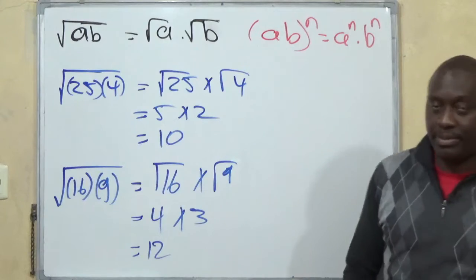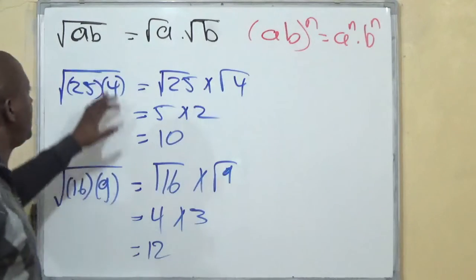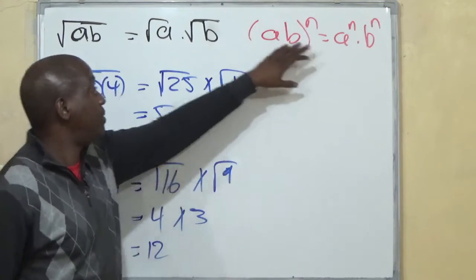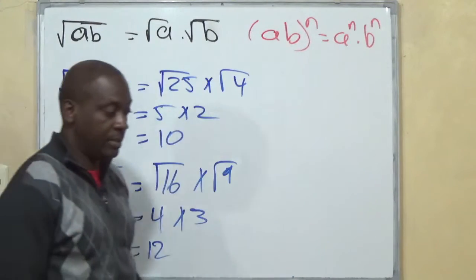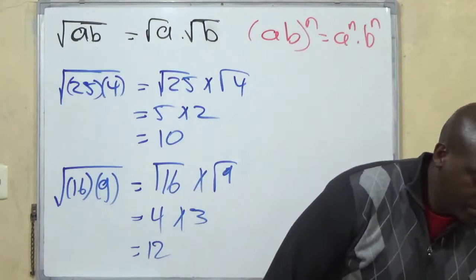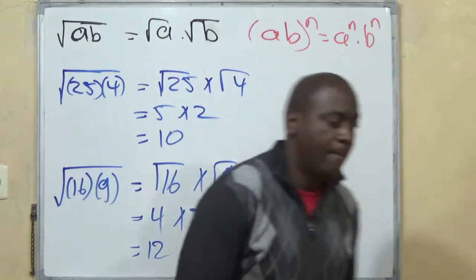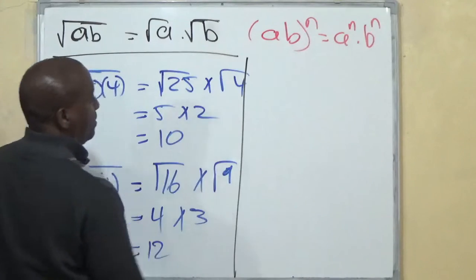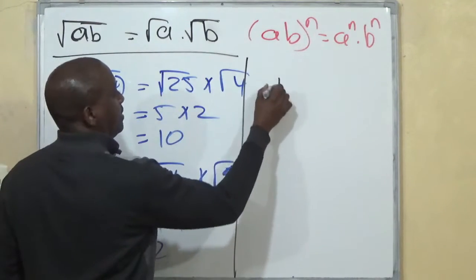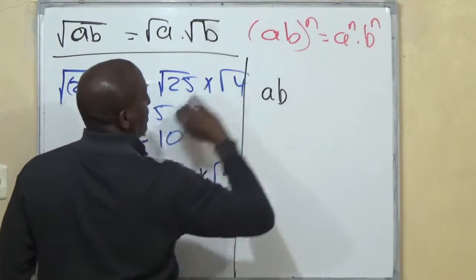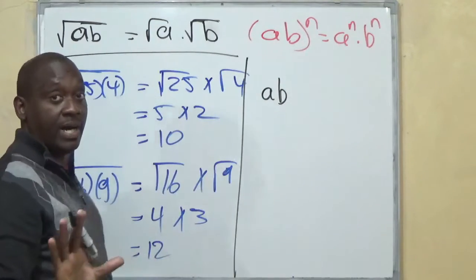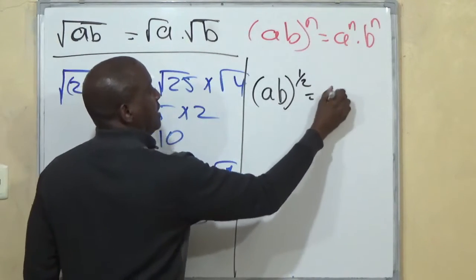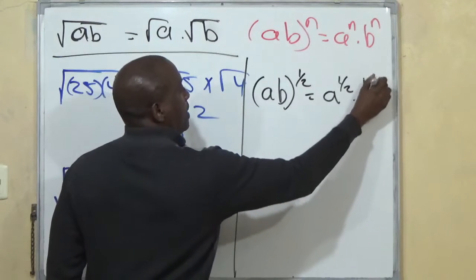The connection is simply that if we let n be equal to a half, then what we have is exactly this. According to this rule in red, if we let n equal a half, we'll have that AB to the power of a half is equal to A to the power of a half by B to the power of a half.